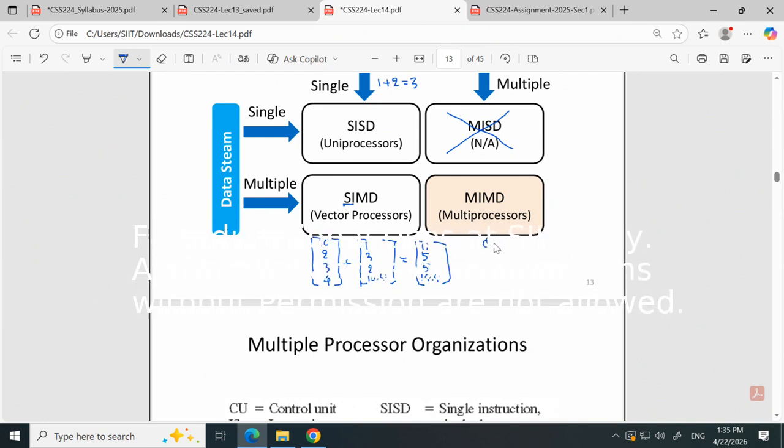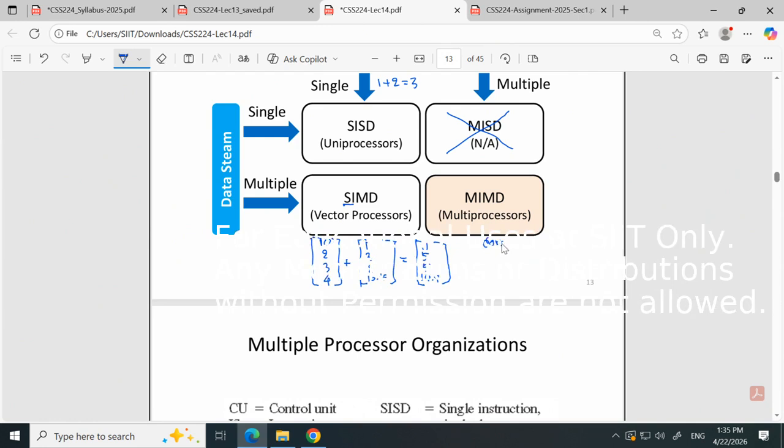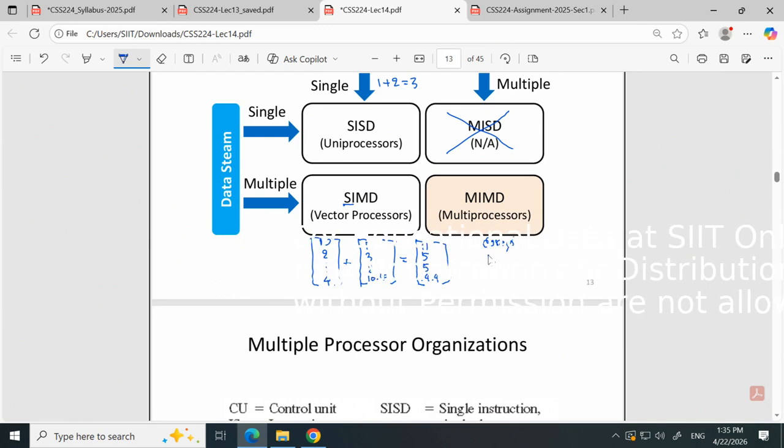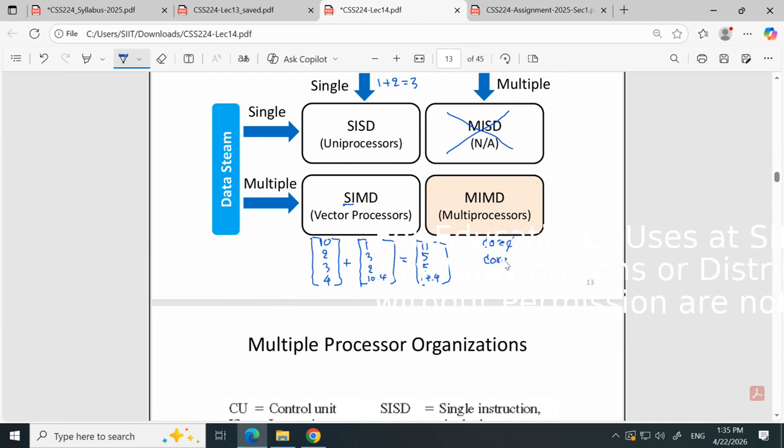Let's say core 0, core 1. Let's say this processor has 3 cores. Core 0, 1, oops, sorry, 2.